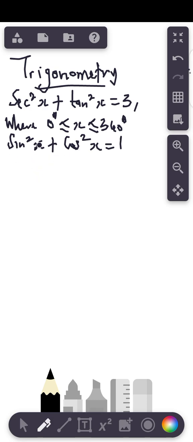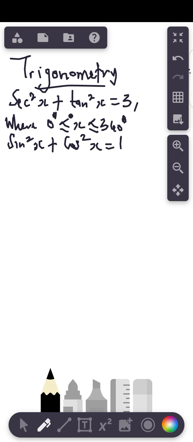Now let's look at this equation. How can we make this equation in a way that whatever we get, we can substitute it in the equation given? Secant squared x plus tan squared x equal to 3.